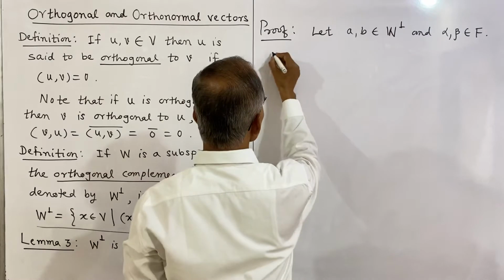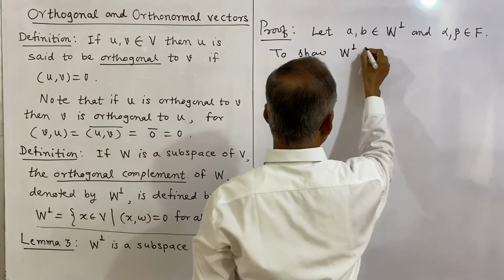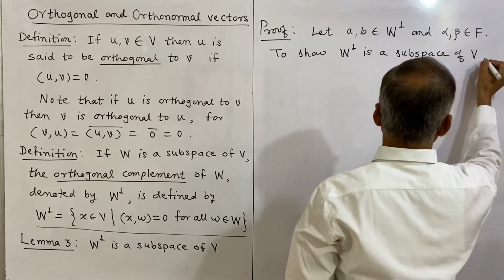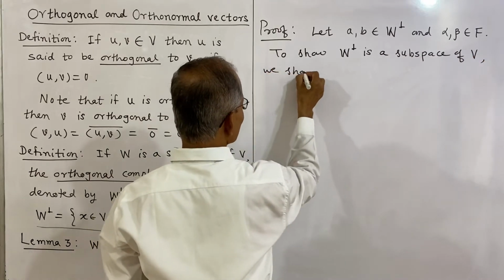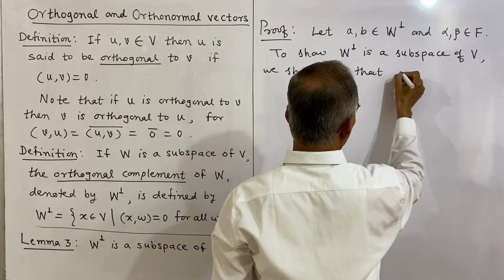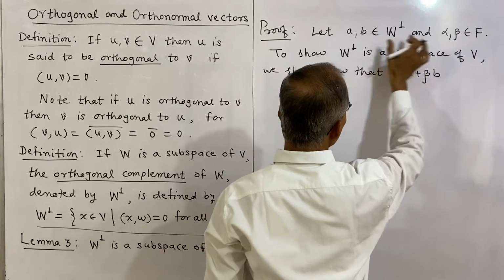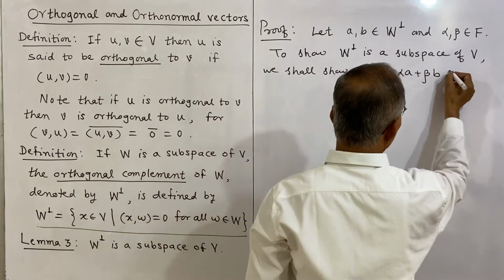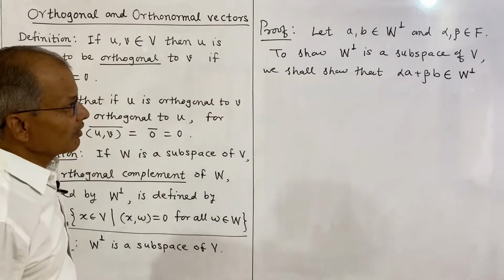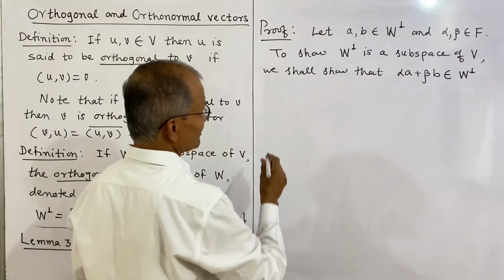That should also belong to this set, the orthogonal complement of W, and then it becomes a subspace. We have to prove that to show this is a subspace of V. We shall show that alpha A plus beta B, the linear combination of these two vectors in this set, also belongs to the same set, the orthogonal complement of W. Now let w belonging to W be any vector.